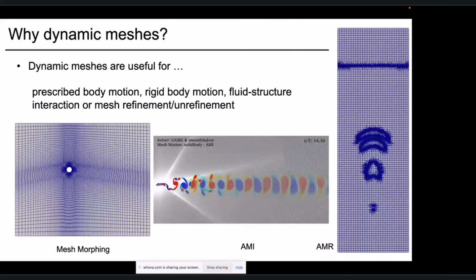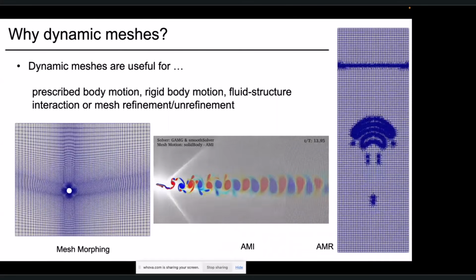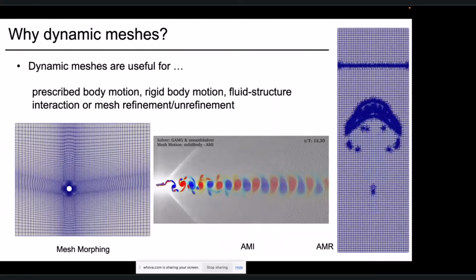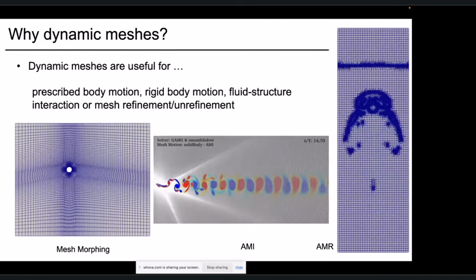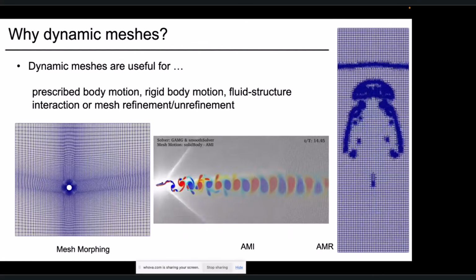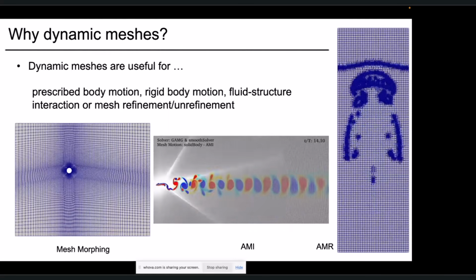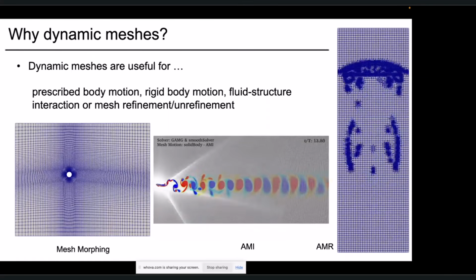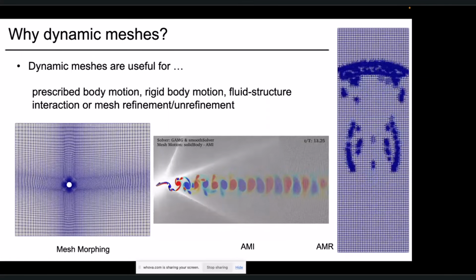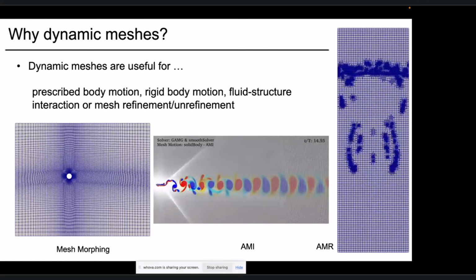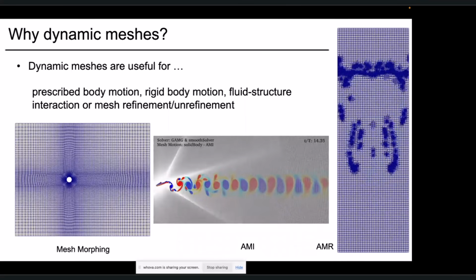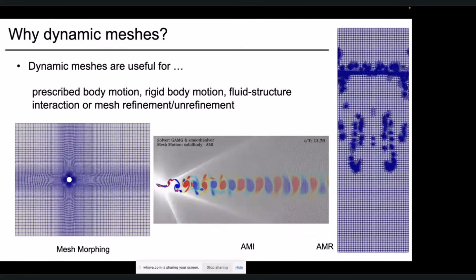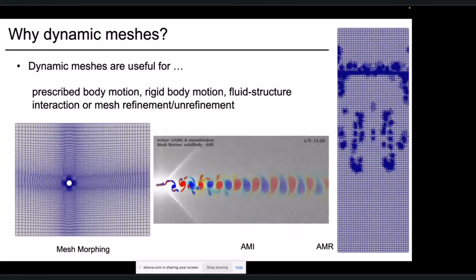And the third example, on the right-hand side, is called adaptive mesh refinement, or AMR, where we refine or unrefine the mesh by tracking a physical variable. In this case, as you see, a droplet is rising to the interface level. So we track alpha water, which is the volume fraction of air and water, and based on that, we refine or unrefine our mesh.